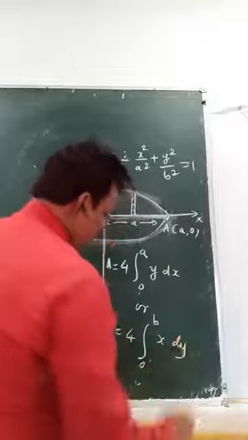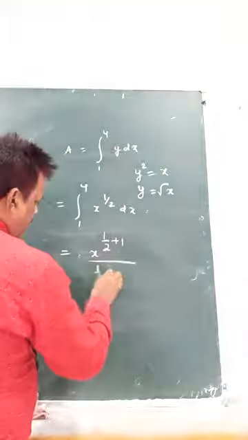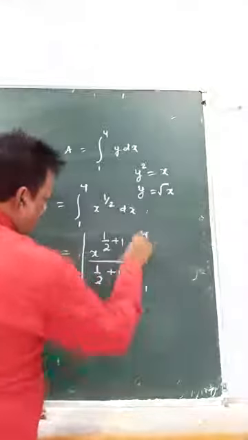Y square equals to x, y equals to root x. That means integral 1 to 4 x to the power half dx. So you have to integrate it. Integration will give you x to the power half plus 1 by half plus 1. Limit is 1 to 4.